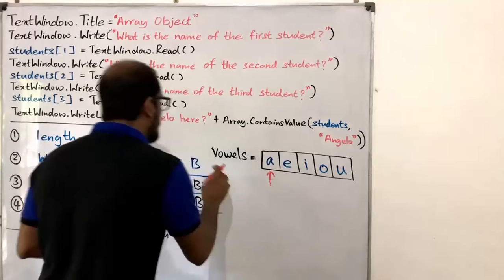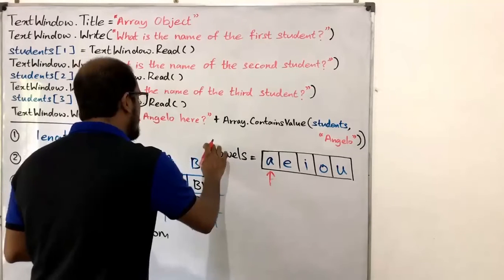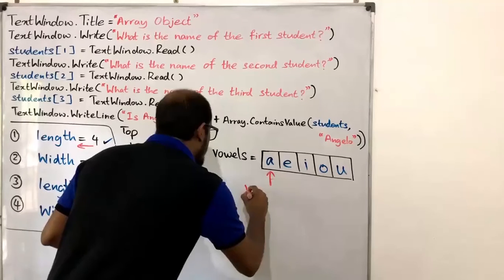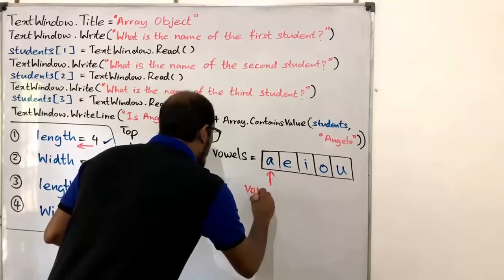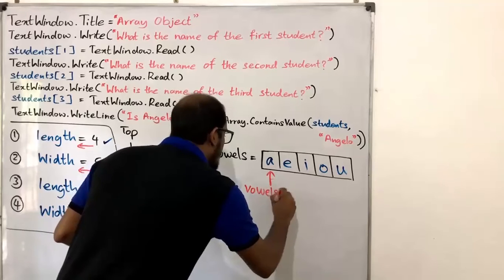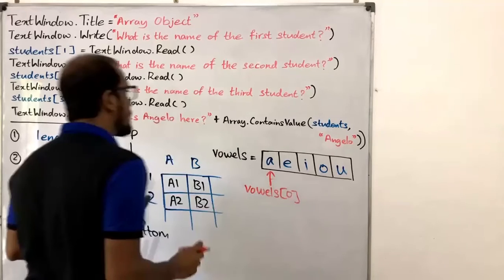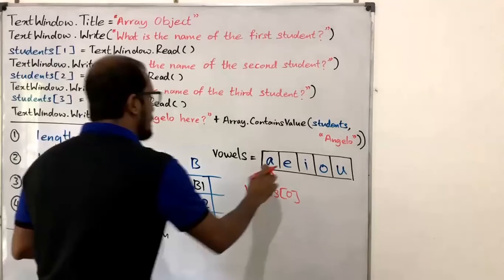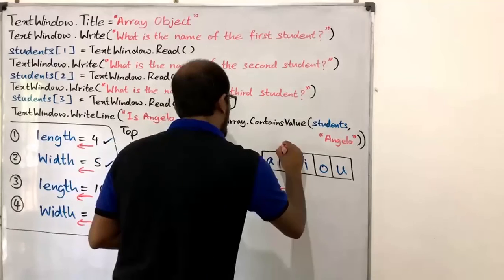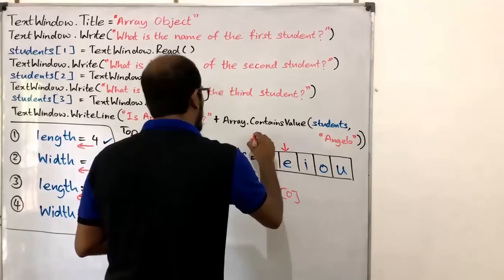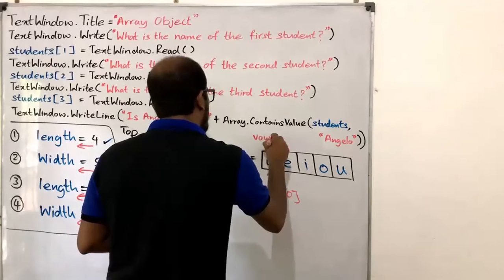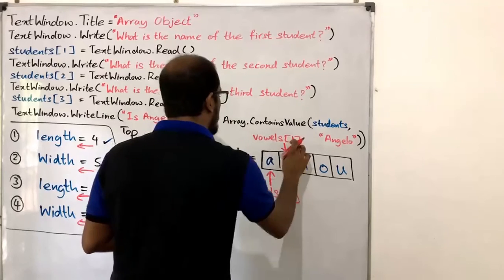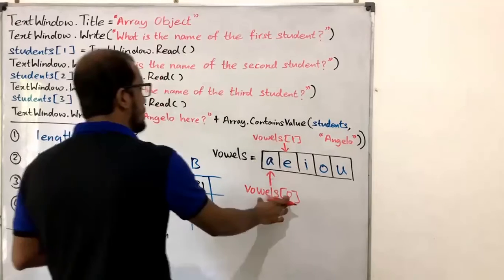The name is vowels, so the address is written as vowels[0]. The second one is written as vowels[1]. Starting from 0, then moving to 1, 2, 3, increasing one by one.